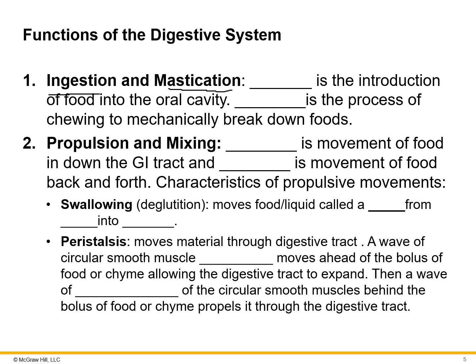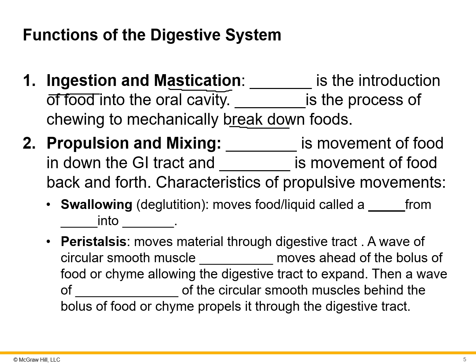So your teeth are basically starting the process of mechanically breaking foods down, which is your incisors, which are towards the medial side on both your maxilla and your mandible, which are helping you tear different types of foods, your canines, which are helping you puncture different types of foods, and your premolars and molars that are helping you grind different foods down. To add to that, you have saliva being dumped into this cavity, and it's starting off the process of chemical or enzymatic digestion.